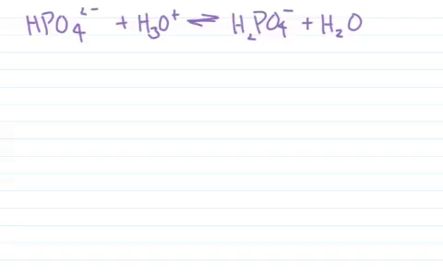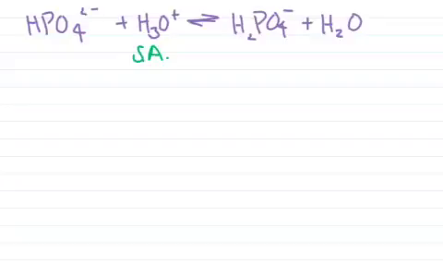Well, let's get started. So we have HPO4 2- plus hydronium goes into H2PO4- plus water. Well, we know that hydronium, right here, is a strong acid, which I'm going to symbolize as SA.